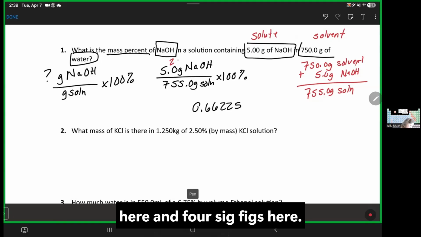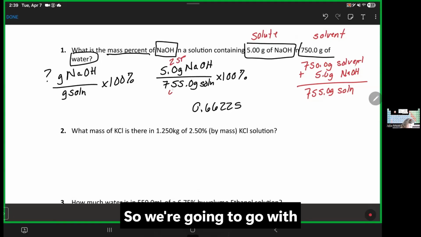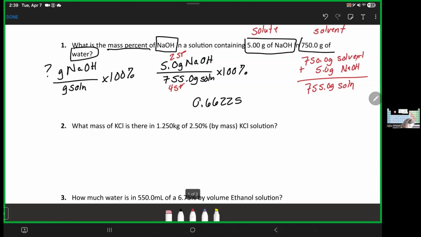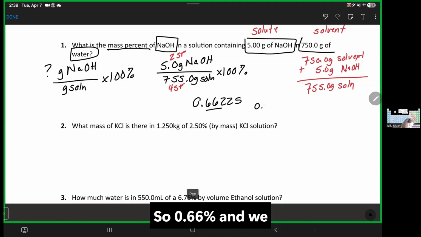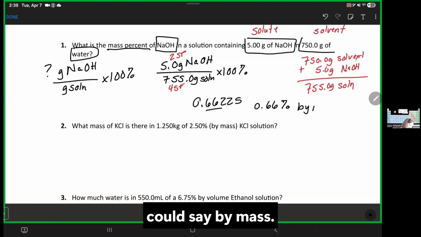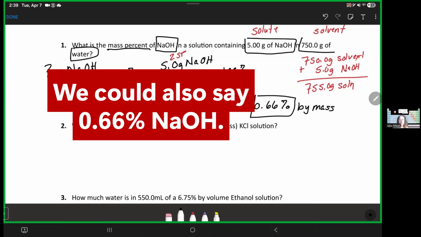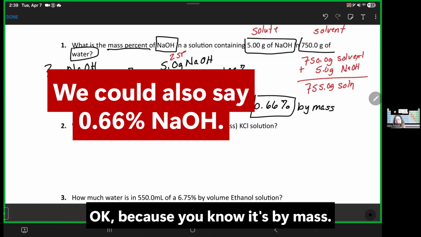And I've got 2 sig figs here and 4 sig figs here. So we're going to go with 2 sig figs in our answer. So 0.66%, and we could say by mass. Or we could just say percent, because you know it's by mass.